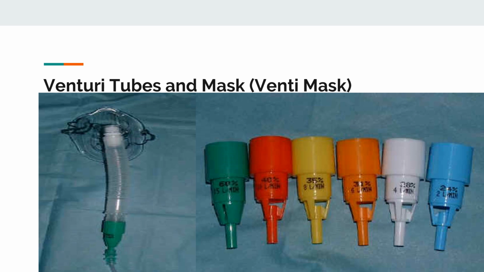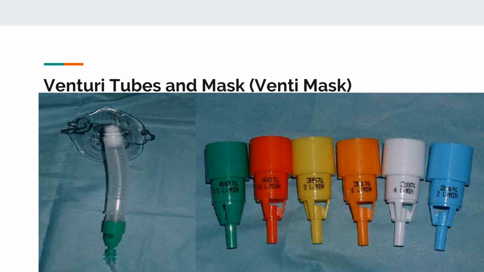And that's the entrainment part here, where you can see the little adapter, the narrow part, and then right below the numbers, the different size openings. It's kind of hard to compare them against a flat surface, but three-dimensionally you can see it a lot better. So basically, the higher the amount of oxygen, the less room air you're bringing in from the atmosphere, and the lower the oxygen, the more you're diluting your oxygen amount.